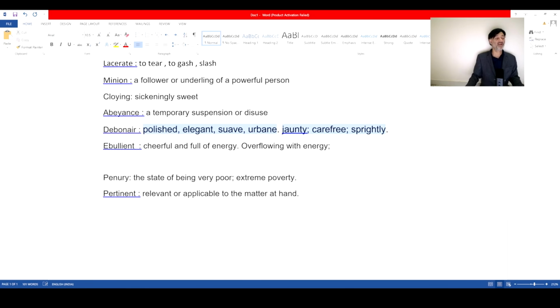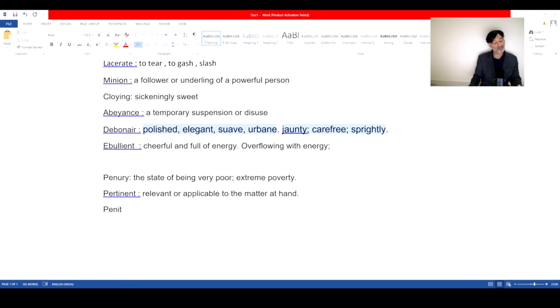So remember that it is not penitent; it is pertinent. Let penitent be another word. Penitent. This is a different word. What does it mean? It means that you are contrite. That's the word that comes to my mind. Repentant, or contrite, or regretful, remorseful, sorry for something, apologetic.